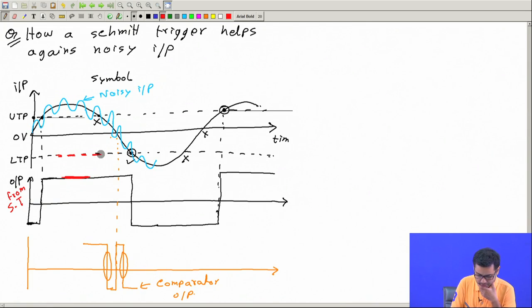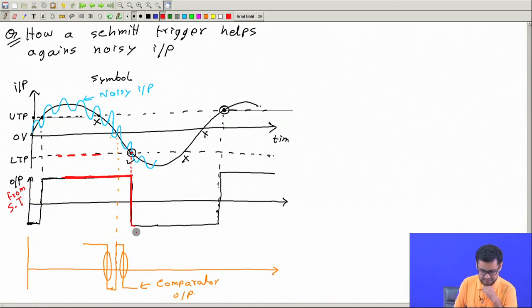So when does it go below the lower trigger point? It is here. Up to this point the output will remain positive, and then it goes to negative.